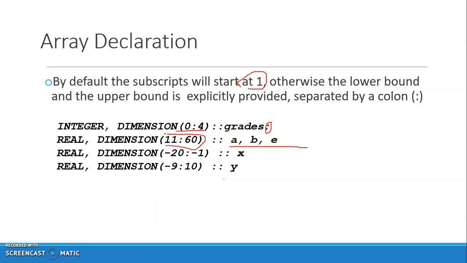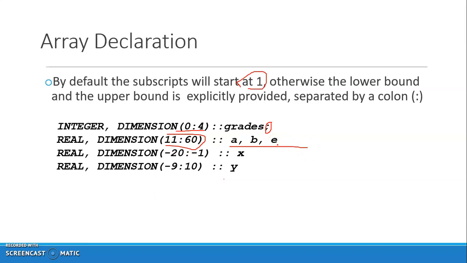If you try to access an element there using position 0 or 1, it will not work. It will be out of scope, because you specified that the applicable positions for these arrays should be from 11 up to 60.